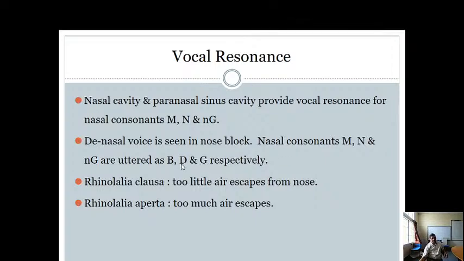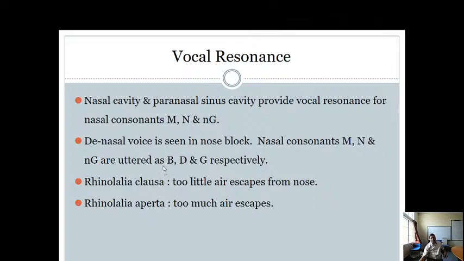Either there is a problem in the nasopharynx or in the nasal cavity itself, where the air and the sound vibrations do not enter into the nasal cavity, and so there is no resonance produced, and that is a condition called rhinolalia clausa.